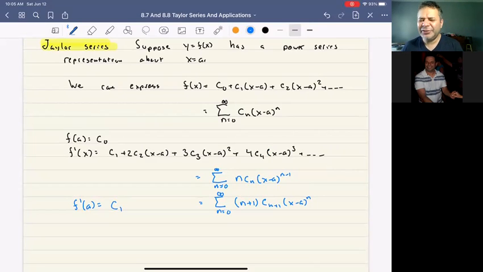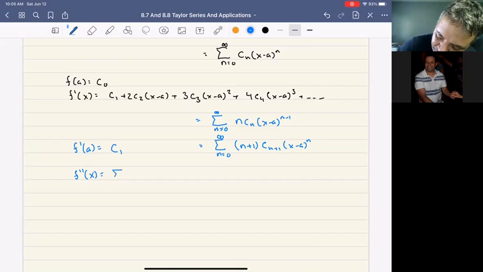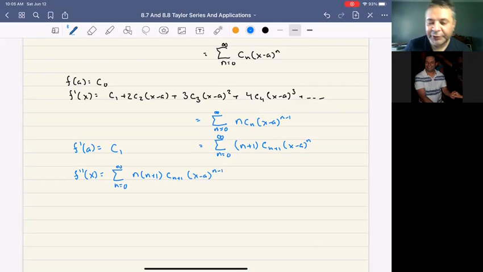All right, let's do another. I want to get the general form for, let's say, the kth derivative. Okay, so let's do f double prime. F double prime of x equals, differentiating term by term, the sum of n times (n plus 1) c sub n plus 1 (x minus a) to the n minus 1.